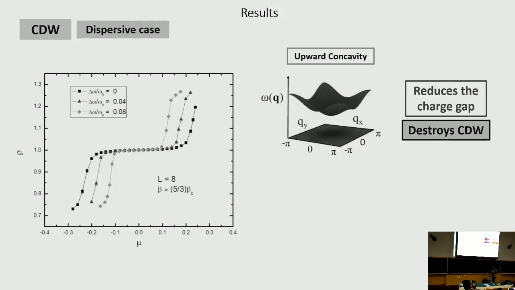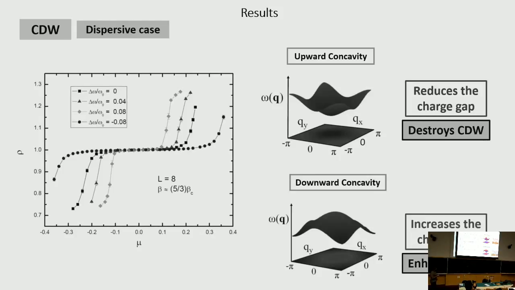In other words, this kind of dispersion is not good for charge ordering. On the other hand, if I have a downward concavity dispersion for phonons, I increase the charge gap, this blue one here. So, in other words, this one is good for charge density wave.